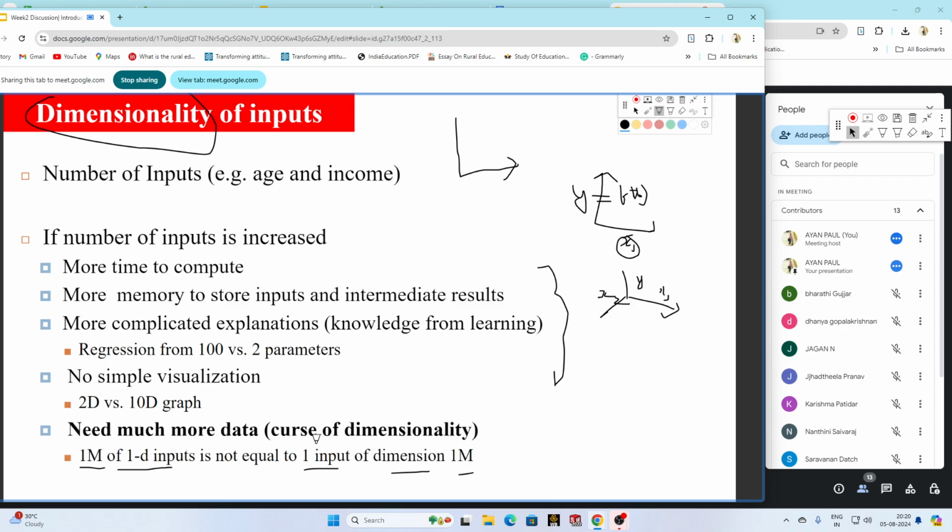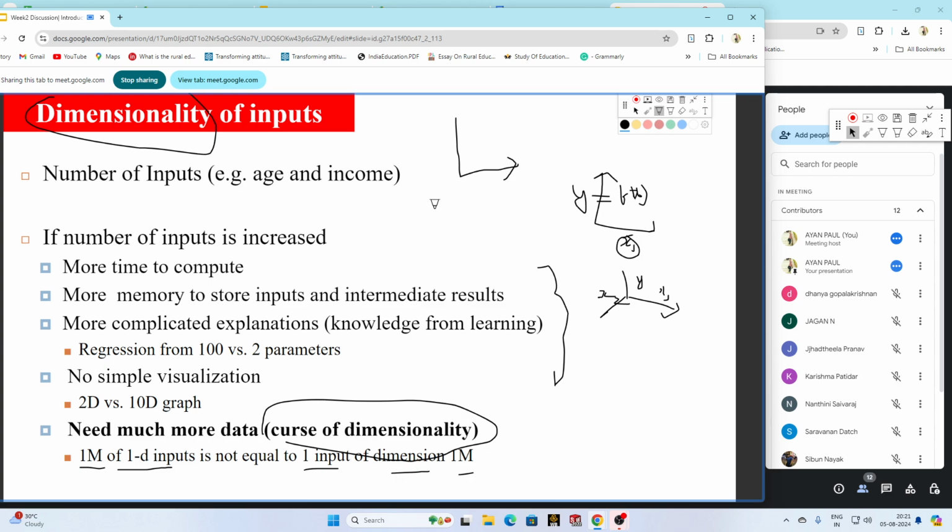Also one thing, the problem is we require more data points. You see, 1 million 1D inputs is not equal to 1 input of dimension 1 million. What does this mean? If we have 1 million data points of one input, that is not a problem.